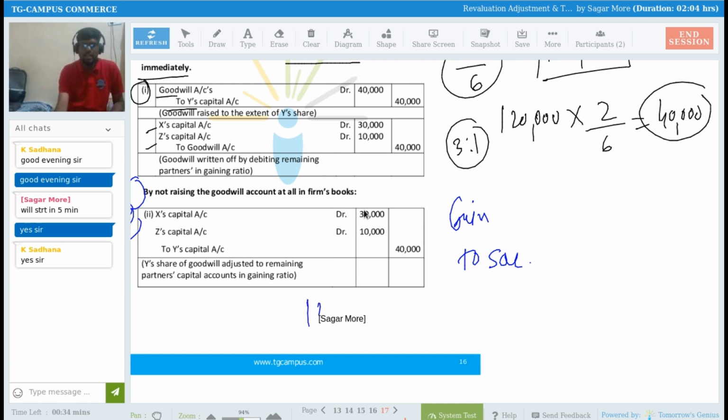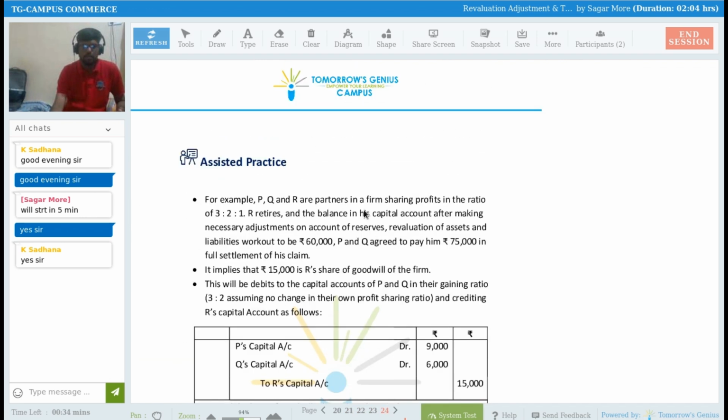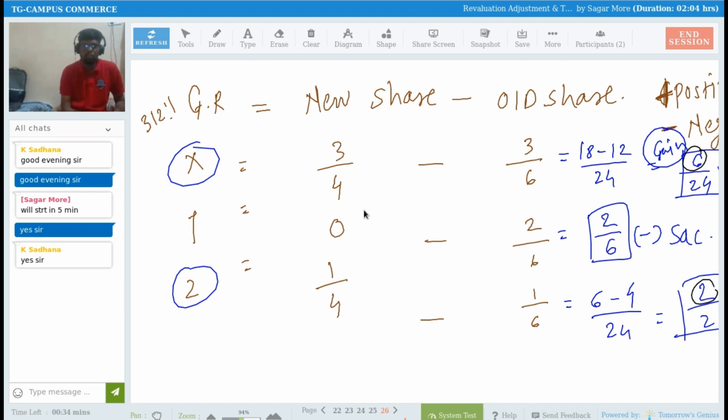So here, what is the answer? The total goodwill amount is how much? 1,20,000 rupees, right? And you have calculated who is the gaining partner and who is the sacrificing partner, and their shares as well. See the ratio: 6/24, 2/24, and 2/6. So the gaining partners' shares are 6/24 and 2/24, and the sacrificing partner's share is 2/6.